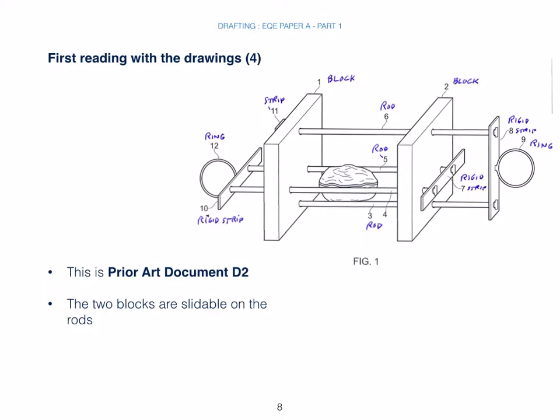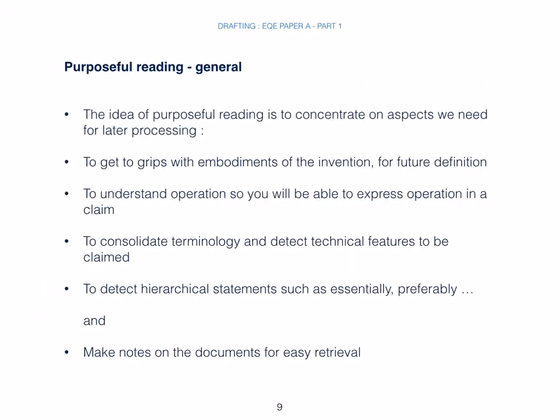Now we need to make a purposeful reading of the documents. Here are some general comments on purposeful reading. The idea of purposeful reading is to concentrate on aspects we need for later processing.